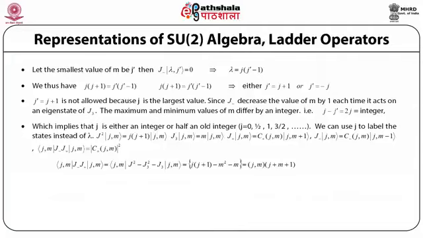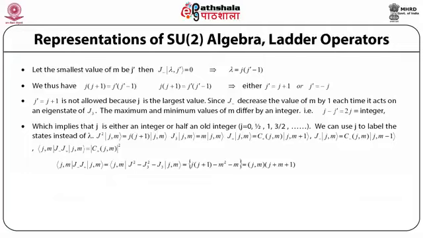That is, the possible values of j are 0, half, 1, 3 halves, etc. We can then use j to label the states instead of lambda. Therefore, we label our state as jm such that J square acting on this state jm is equal to j into j plus 1 times the state jm, and J3 acting on jm is equal to m times jm.